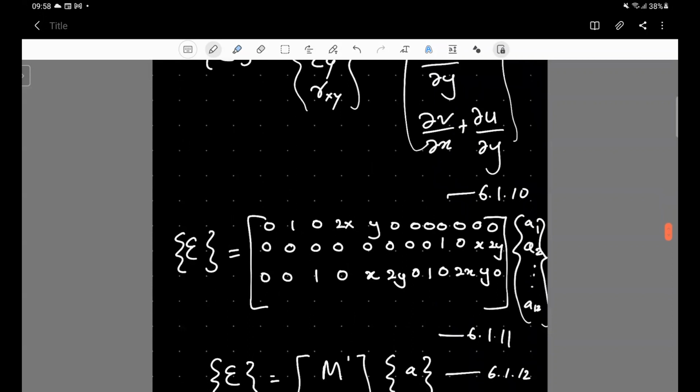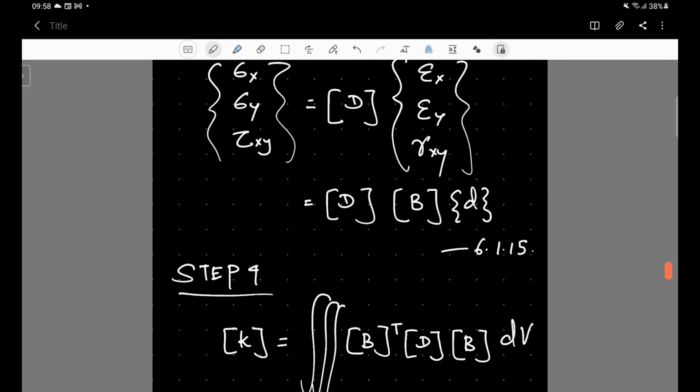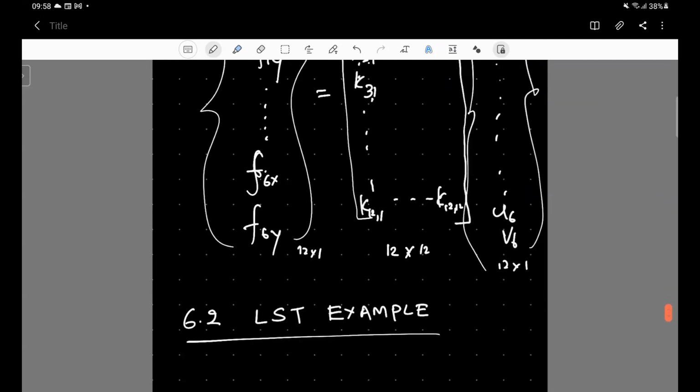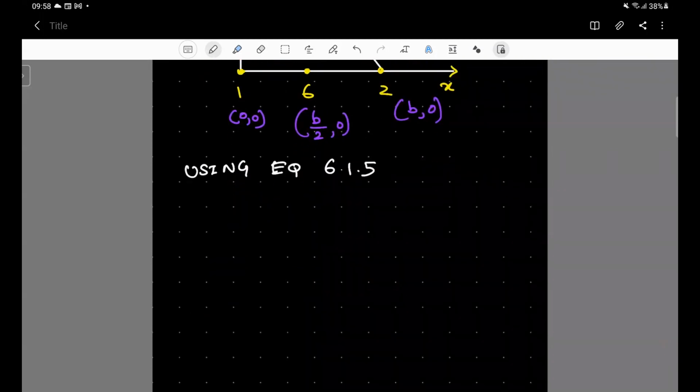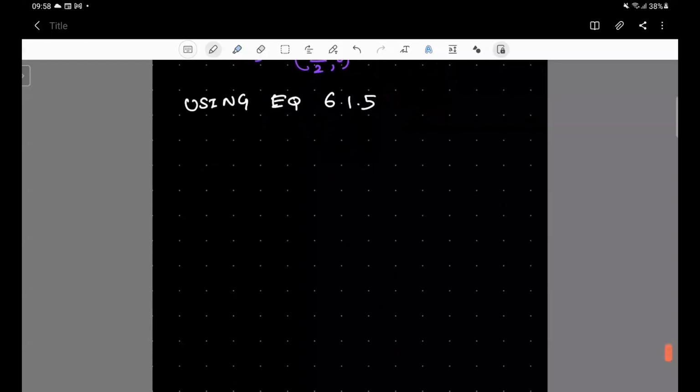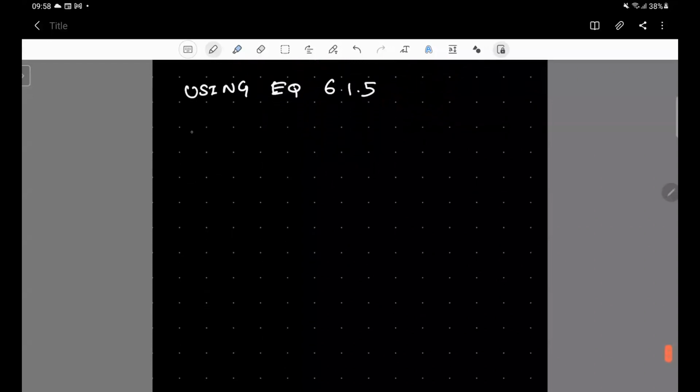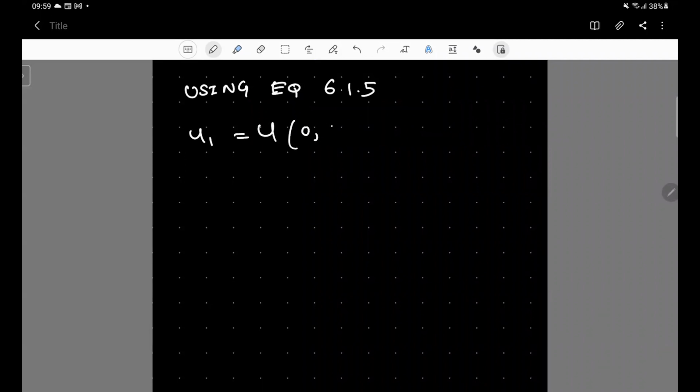So the first step is writing down the displacements using the nodal coordinates from u1 to u6. So u1: the coordinate is (0, 0).